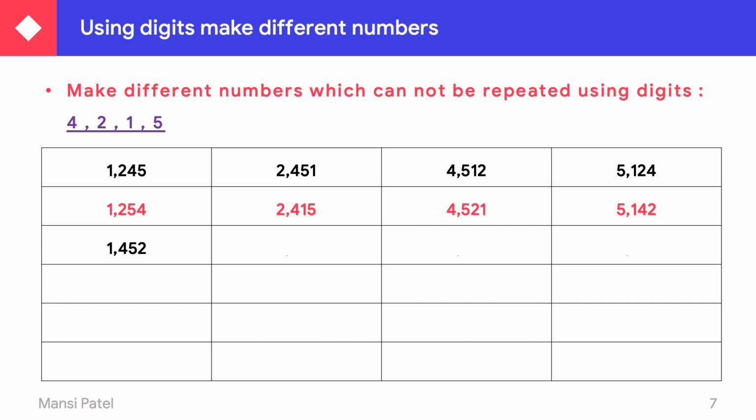What is that? Now you have to just change the place. Here first, the number written on the tens place comes to hundreds, and hundreds goes to ones. So it becomes 1452. Then here we have to write down 2 as it is, and then just change the place of ones, tens and hundreds only.